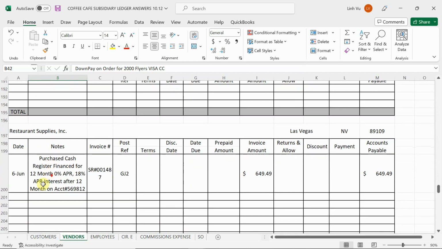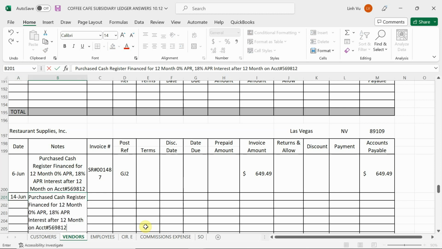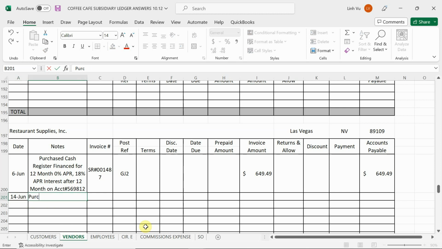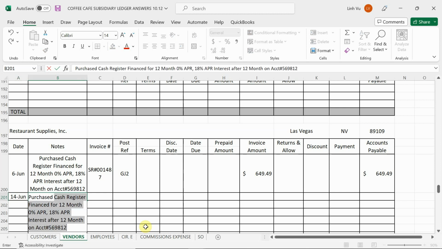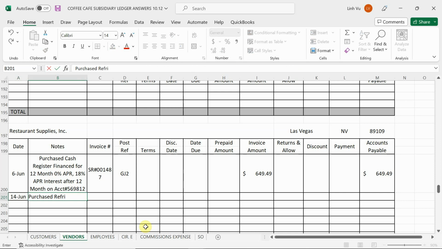Okay, here's restaurant supplies. 14. So this is where you can maximize all the information that you need to put in here. So I'm going to go ahead and put in purchased refrigerator.